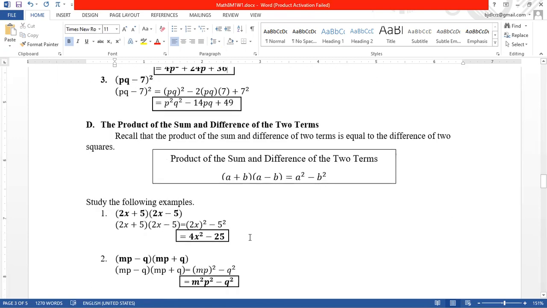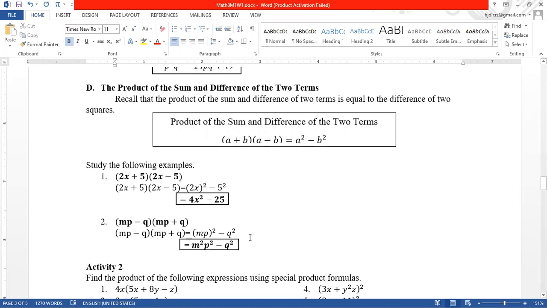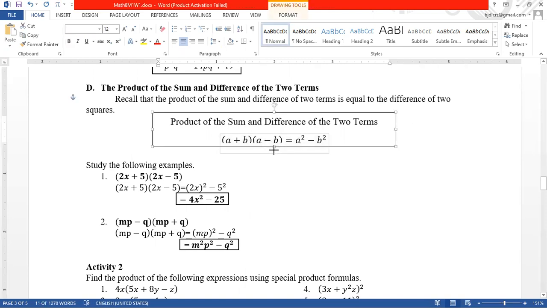The product of the sum and difference of two terms. Recall the product sa difference of two terms is equal to difference of two squared. So we have here an example equation of the product of sum and difference of two terms. So this is the sum and this is the difference.